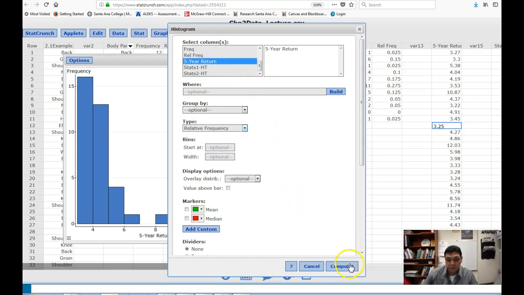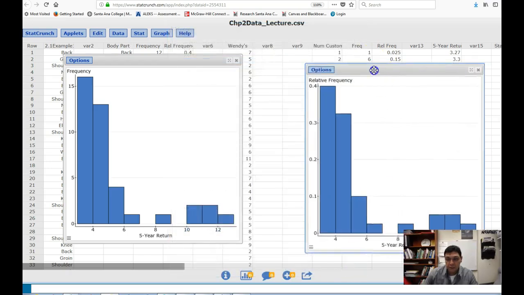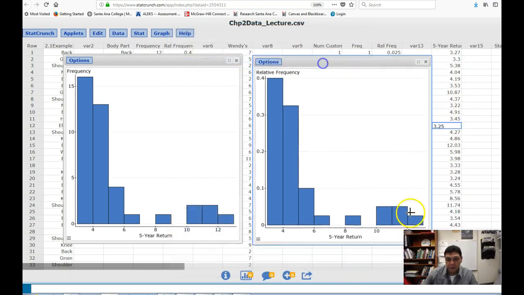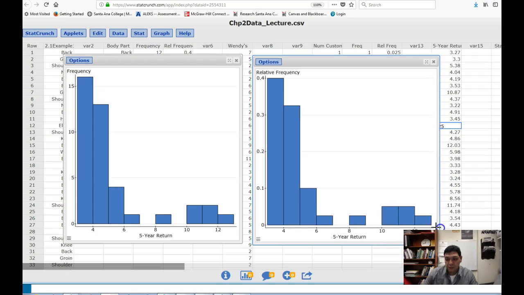That's what the example is asking for. And so then we get this relative frequency. As you can see here, the distributions are the same. The only difference is you have the actual frequency versus the decimal value, like 40%, 30%, 20%, and so that's the difference there.